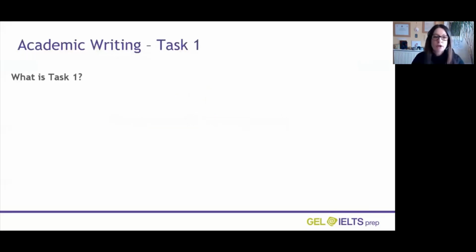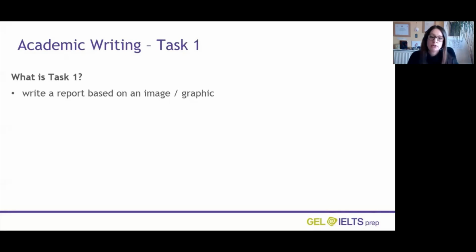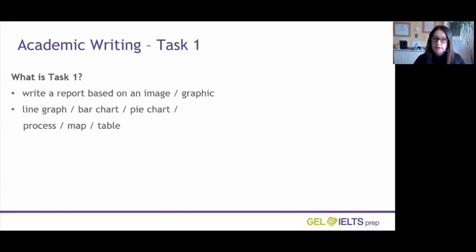So, academic writing task 1. What is task 1? In task 1, you need to write a report based on an image or a graphic that you were given, and you need to write at least 150 words about it. You could be given any of these types of graphics.